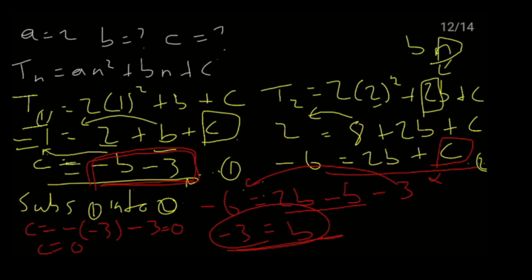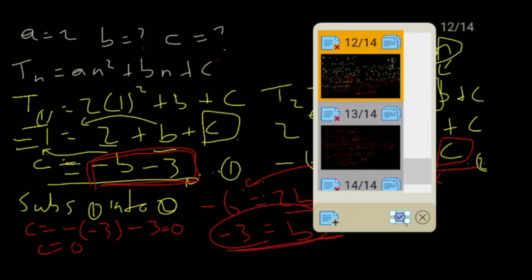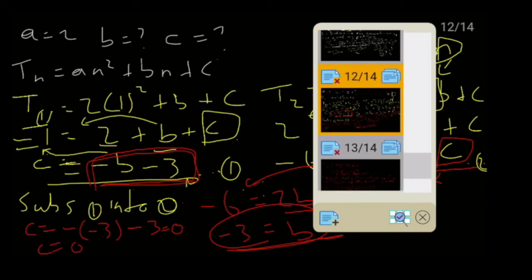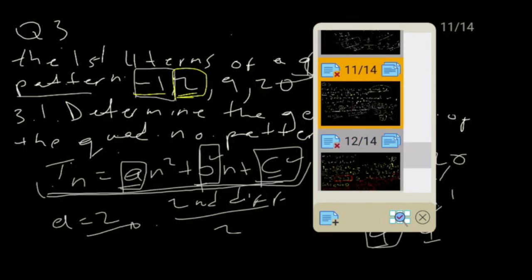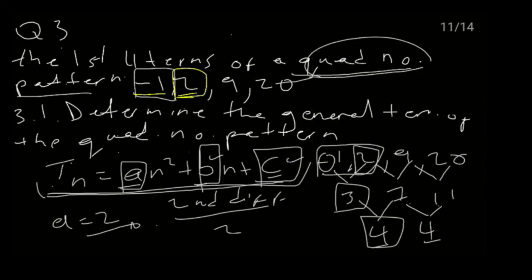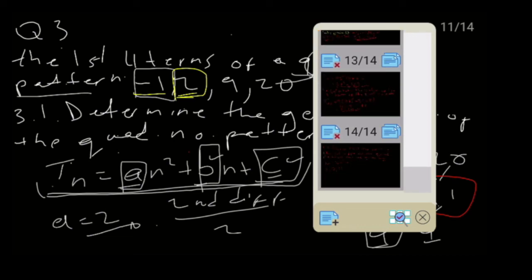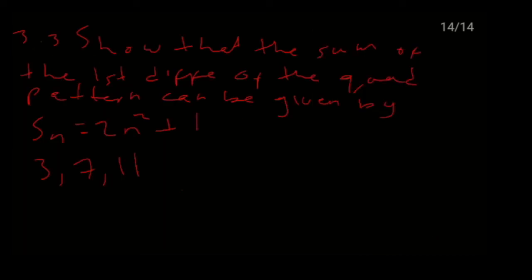Should be given by 3, 7, 11. Anyway, you should be having that. Let me not waste too much time. Alright, here it is. It's 3, 7, and 11, right?